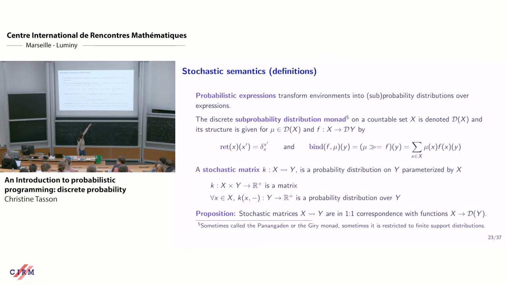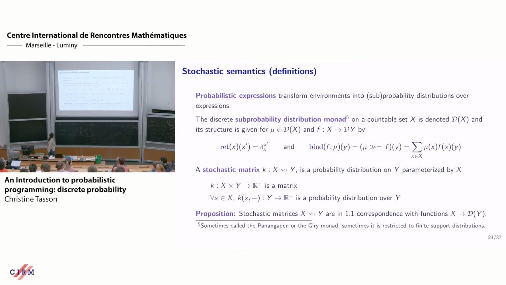You just perform the sum over all potential output values of X of nu, and you multiply the probability of getting X with the probability distribution F x. F is a function from X to the probability distribution over Y. So you are, in a way, computing the mean of this probability distribution over the input X. So it's a kind of expected value.